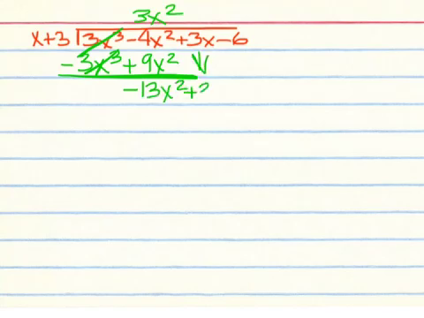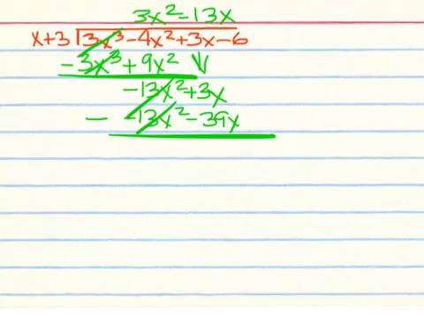Drop the 3x, and now figure out what you multiply x by to get this, and that would be minus 13x. So negative 13x squared minus 39x. Subtract, and you should have 3 minus a negative 39, which is a positive 42x.